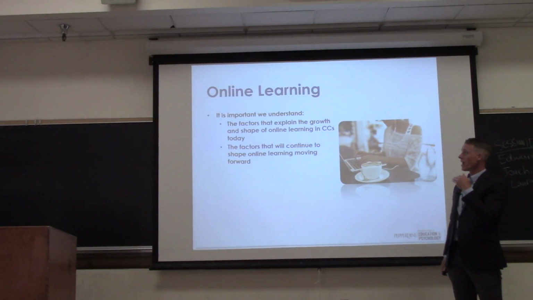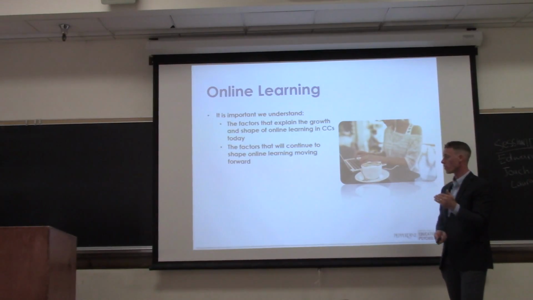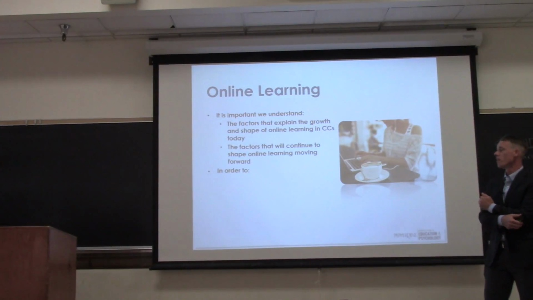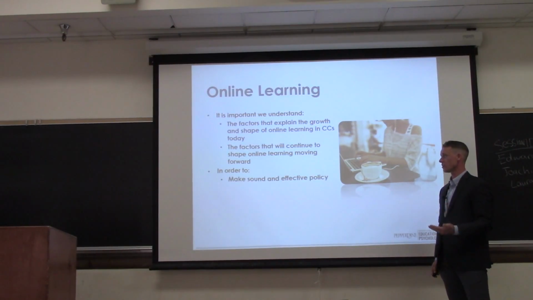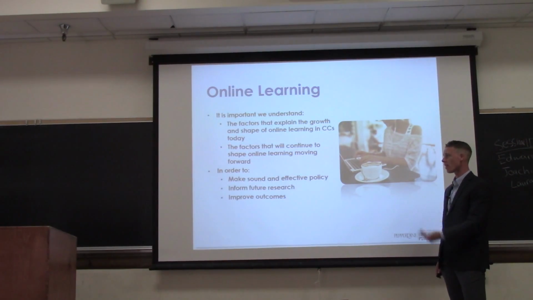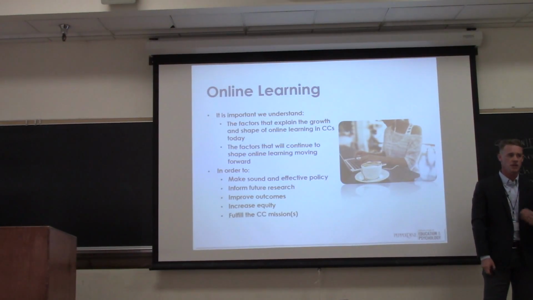The factors that will shape online learning moving forward are important to uncover now, sooner rather than later. We need to do this in order to make sound and effective policy, to inform future and ongoing research, improve outcomes, increase equity, and to fulfill the CC mission.